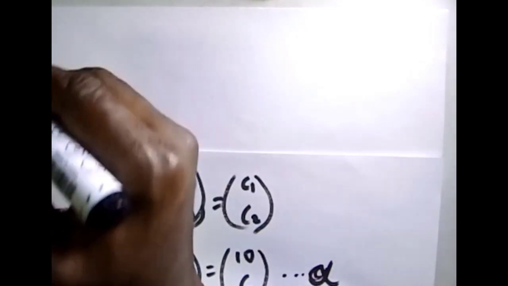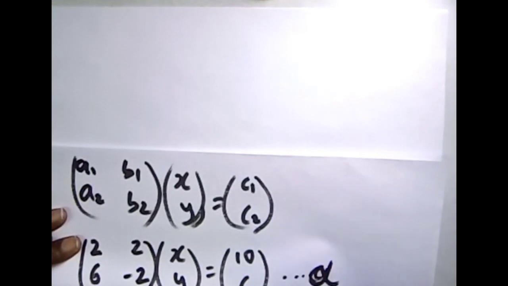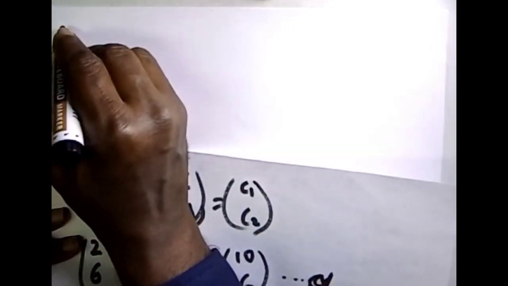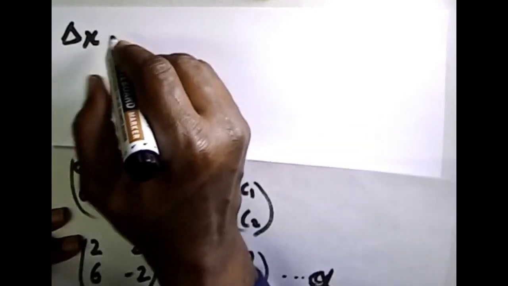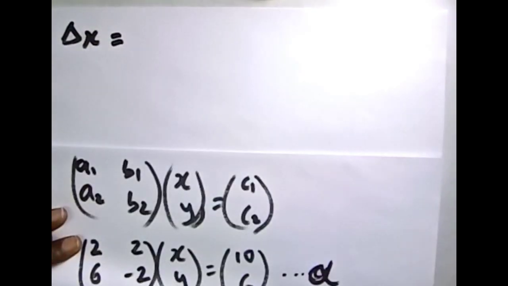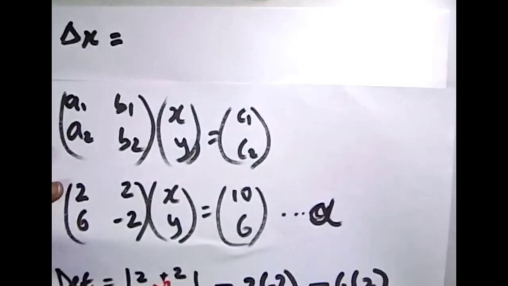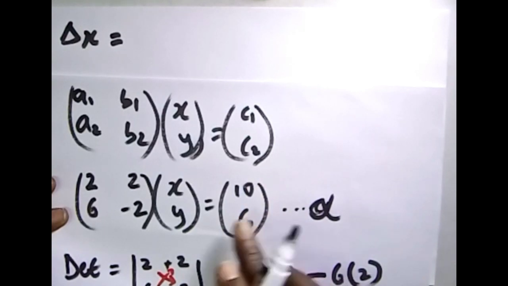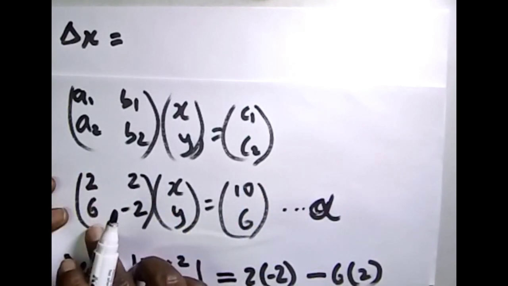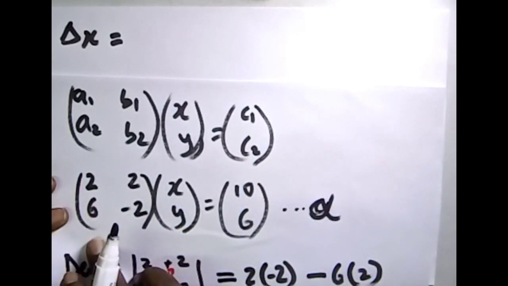Having done that, the next thing is what we call the change in each of the variables. And we say, okay, change in x. What do we do when we want to say change in x? Carry the values of the constant terms and put them in the column where we have the x.